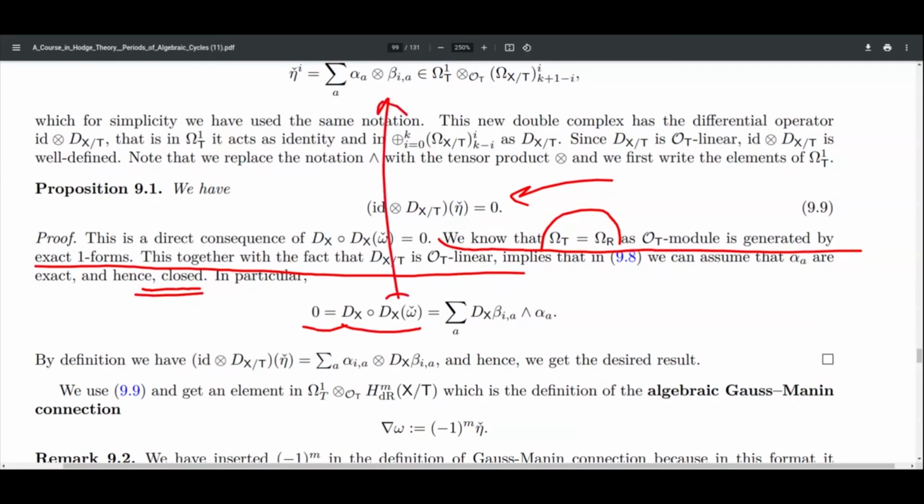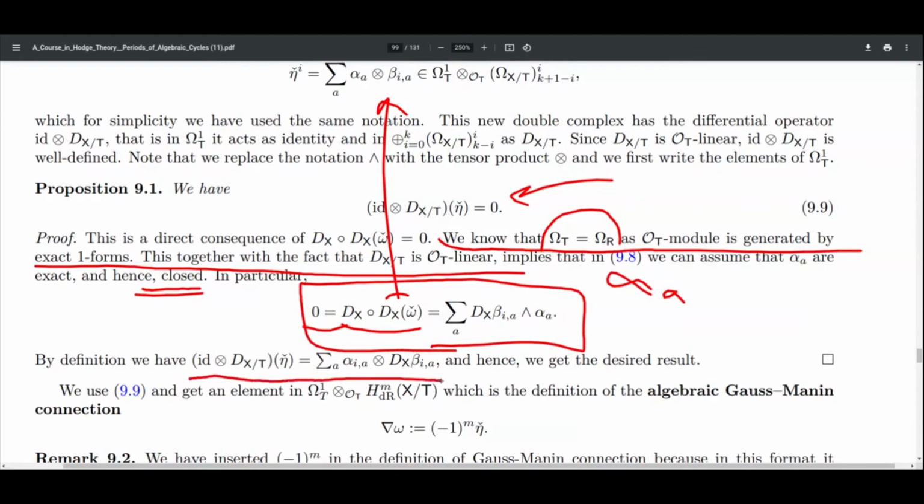Assuming that the alpha_i are closed, we will have this identity, and this will imply that the identity in the omega_1 of T part, tensored with d, the relative differential operator of the element that we have gotten, is 0.